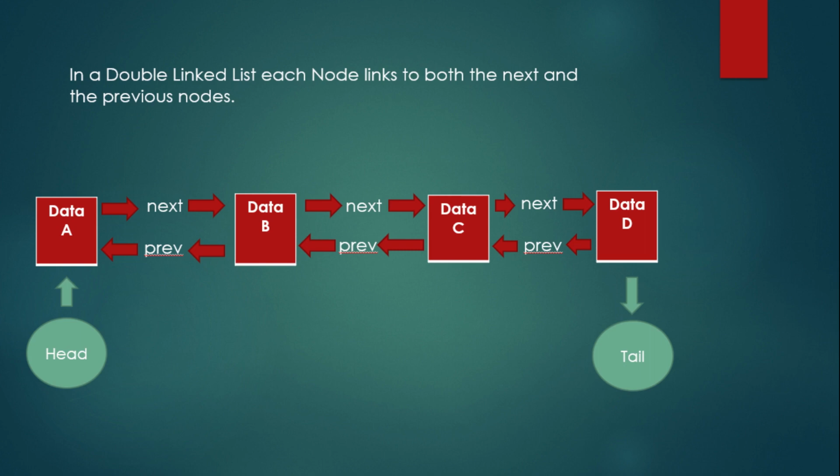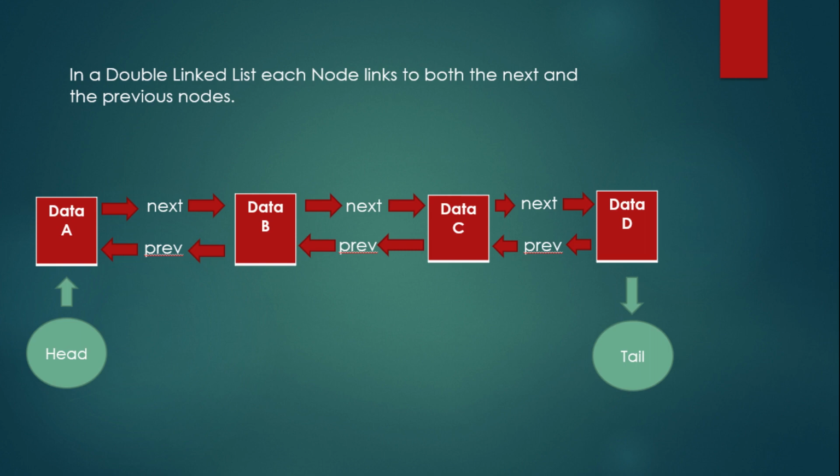In this case, each node is going to be linked to both the next and the previous nodes. So you can move through the linked list in two ways, not just in one way. Let's see how we can code that.